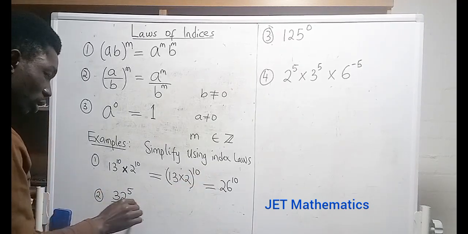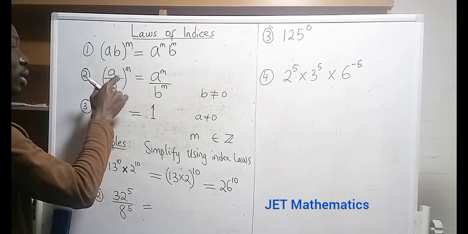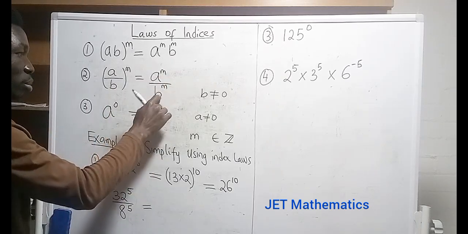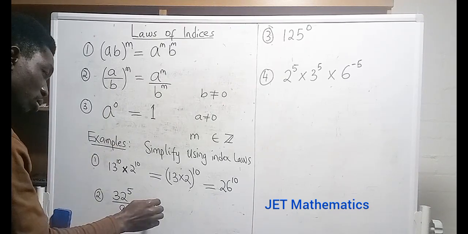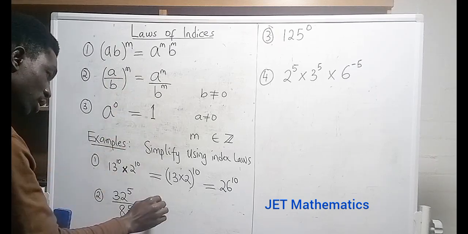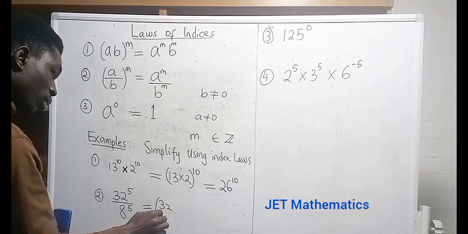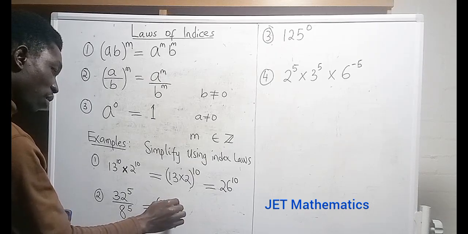Let's look at our second one. The second one is looking like this: a raised to the power of m divided by b raised to the power of m. So that's what we have here. We'll write it like this: 32 divided by 8 all raised to the power of 5.